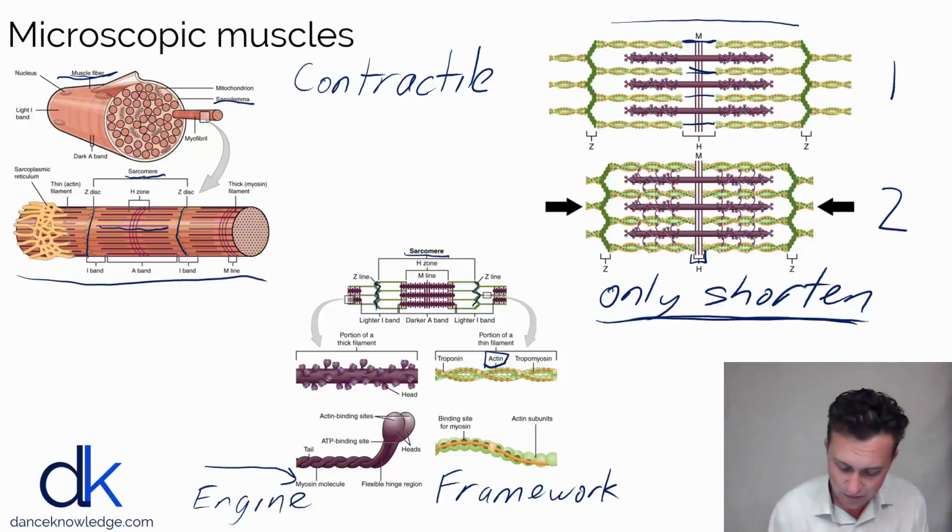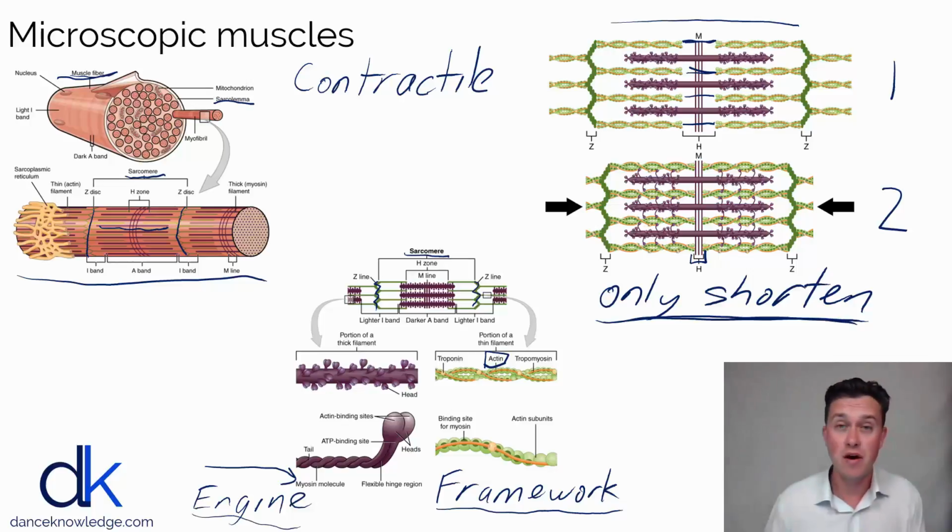Well, you can see here, remember we've got actin in the middle here. Actin is our framework and myosin is our engine. And you can see myosin is comprised of these two sort of structures here. We've got what is called the tail. So you can see we've got tail written here, and then we've got the heads. And it's what it looks like. It looks like a couple of heads stuck to a tail.